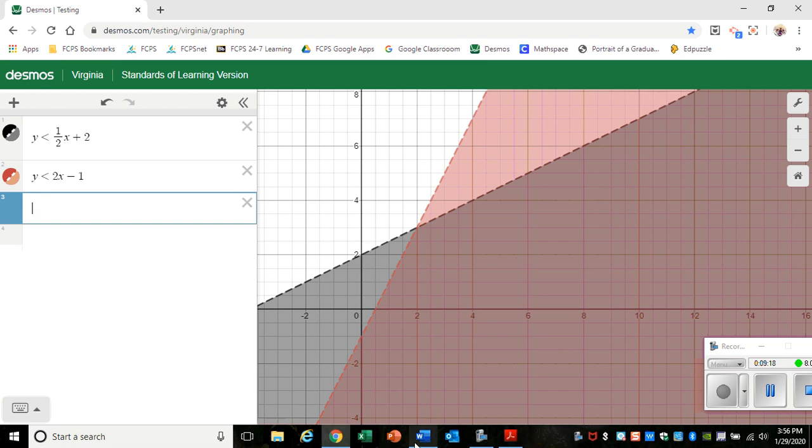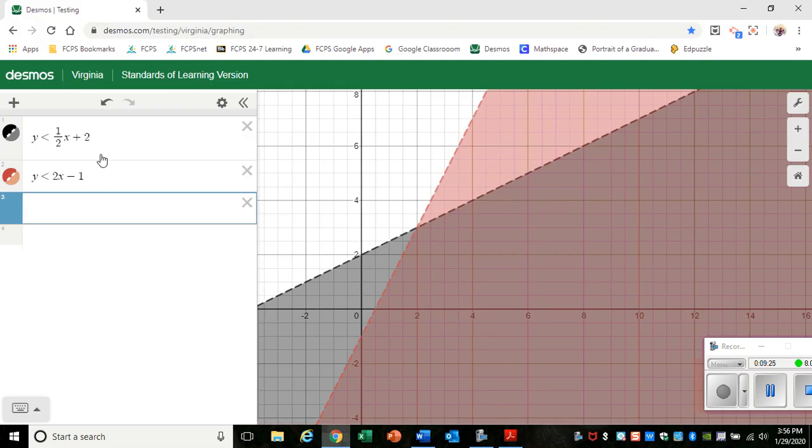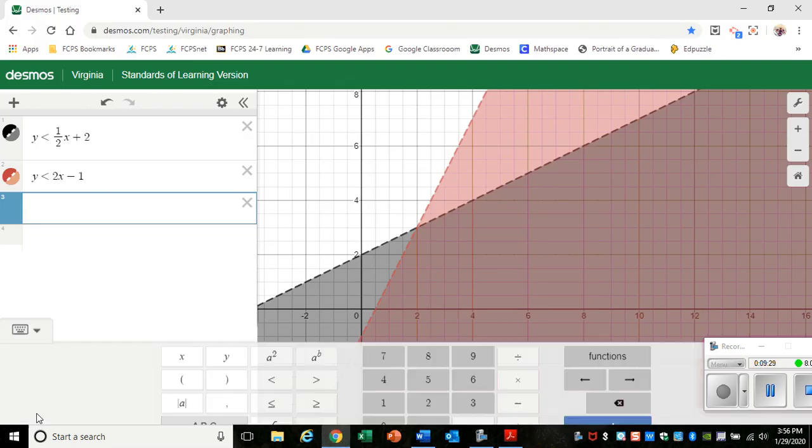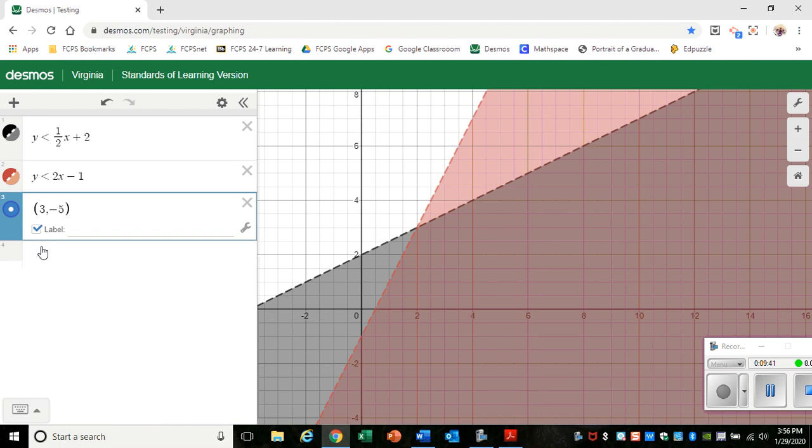So the question is asking you, is 3 and negative 5 a solution for these? What I want you to do is, after you type these two, I want you to type 3 and negative 5 with parentheses. So put open parentheses. Please follow me. 3, comma, negative 5, and close parentheses. And you see this word label? I want you to click on that.